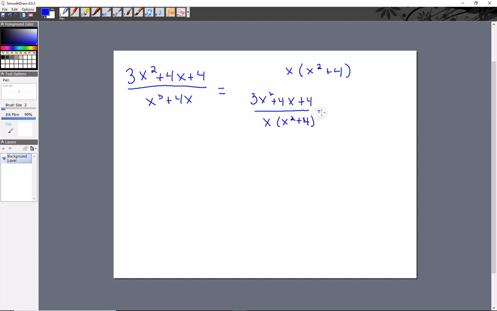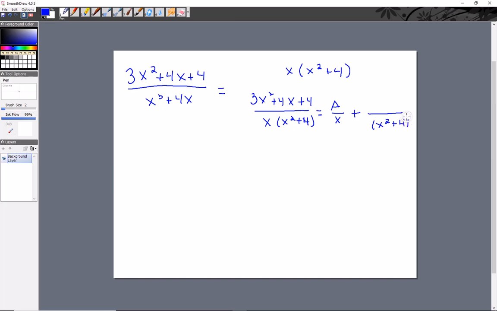And so our first partial fraction will be A over x, which is kind of common. And then plus, this denominator will be the other factor, which is our quadratic factor, x squared plus 4.